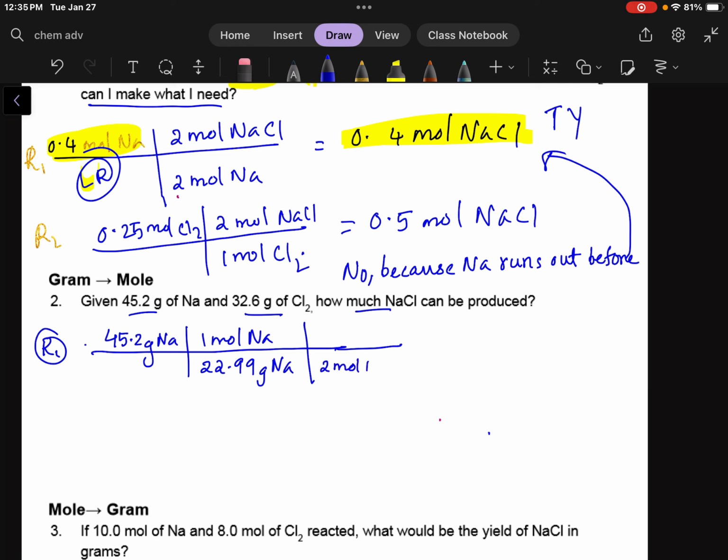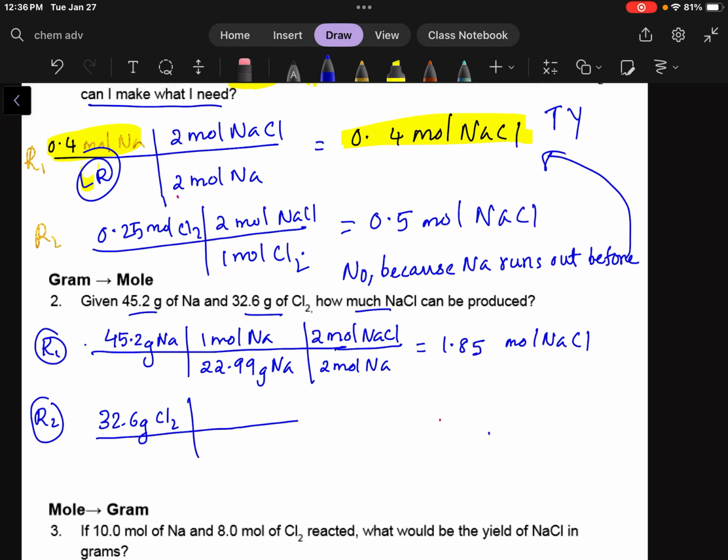We know that 2 mole of sodium will produce 2 mole of sodium chloride, and you will get 1.85 moles of NaCl.